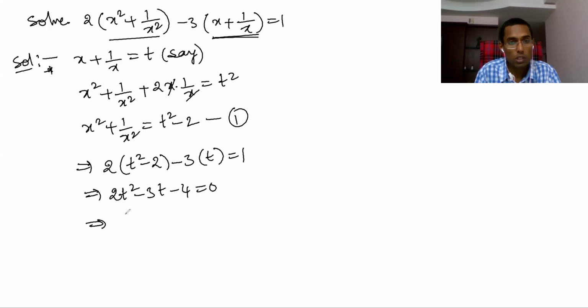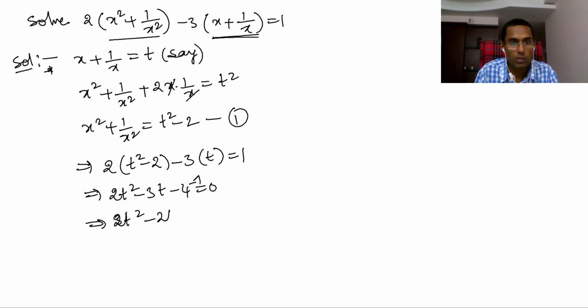So 2t square minus 2, this is actually 4, this is 4 to the 8, yeah. This minus 1 is there, sorry, this minus 1.